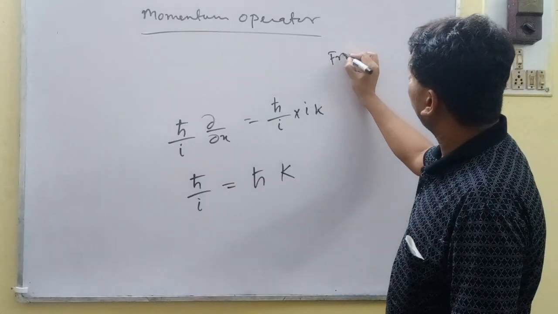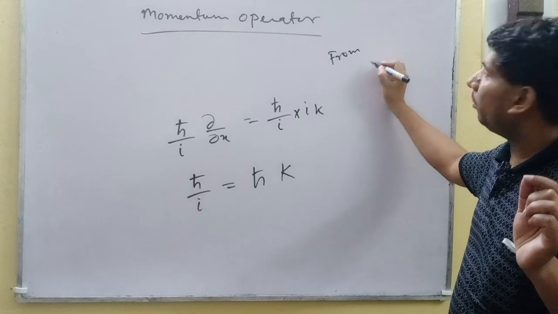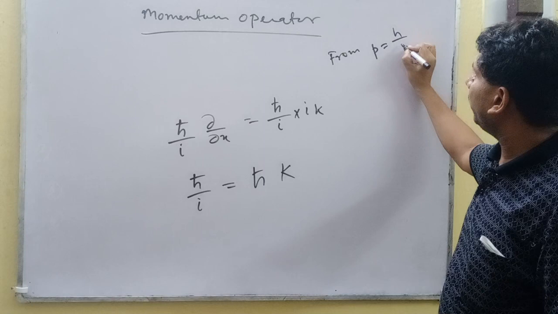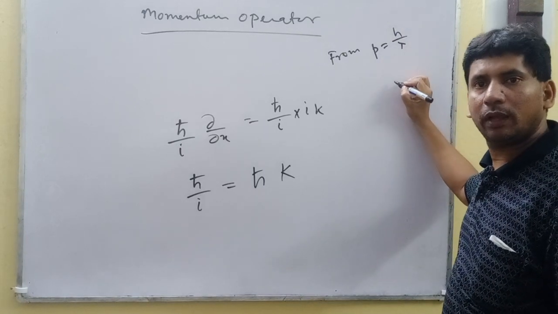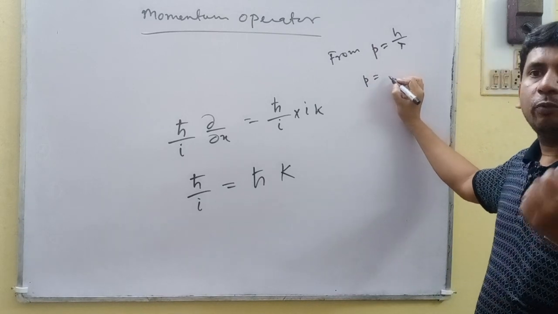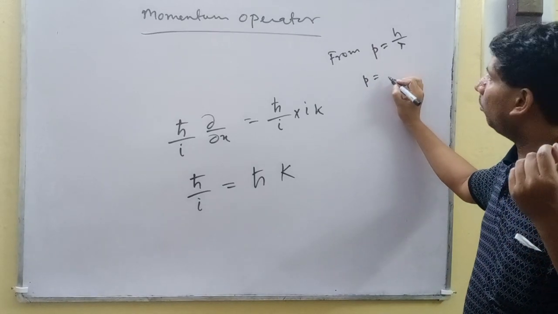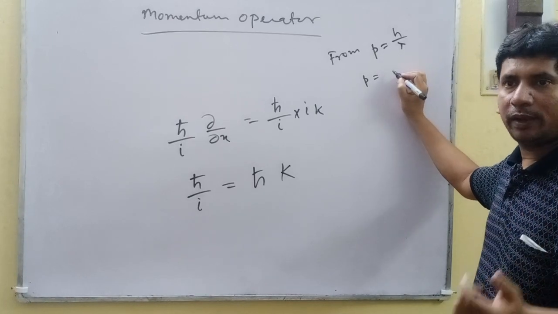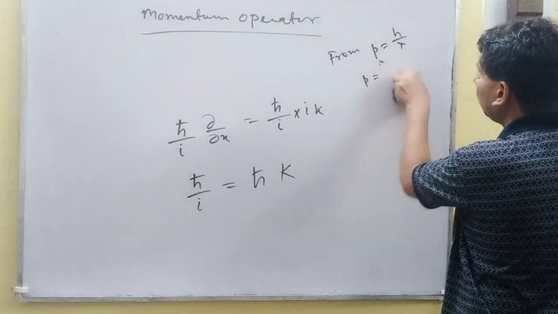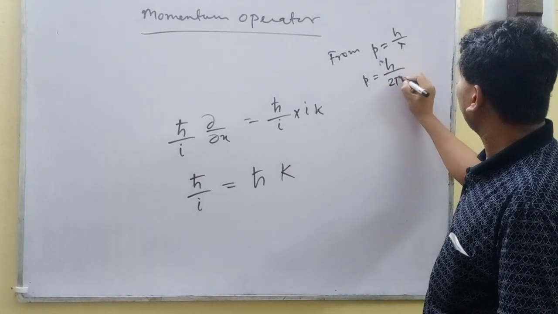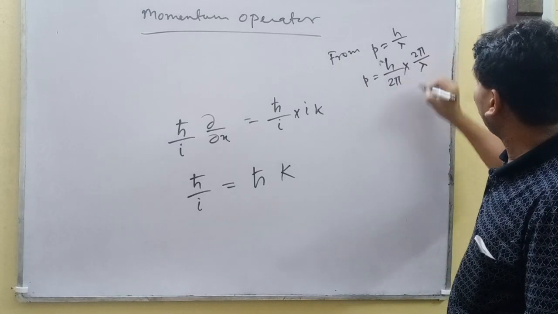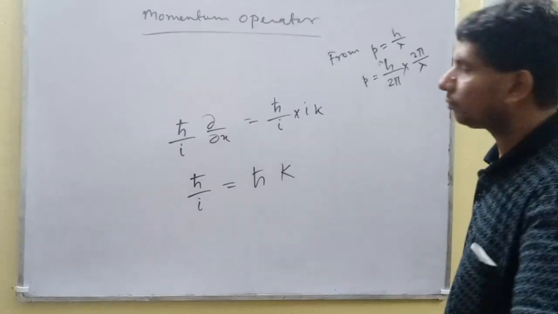From the de Broglie equation, momentum p equals h by lambda. Okay, now p equals, if we multiply and divide by 2 pi, h by 2 pi, then what happens? 2 pi by lambda, no problem, 2 pi by lambda.